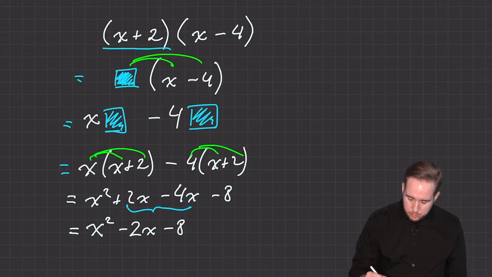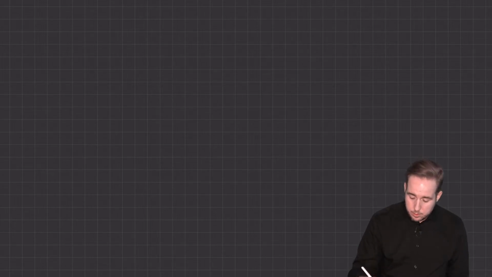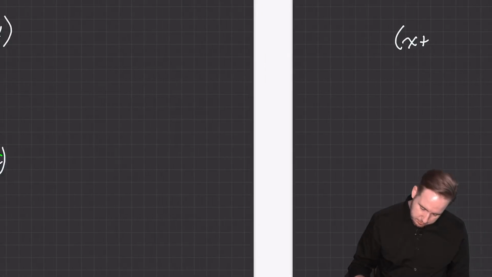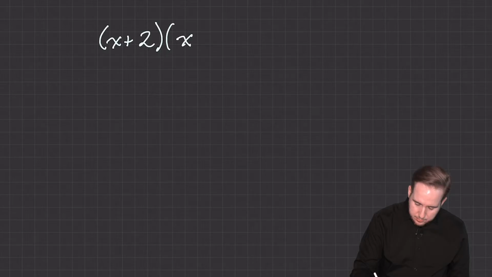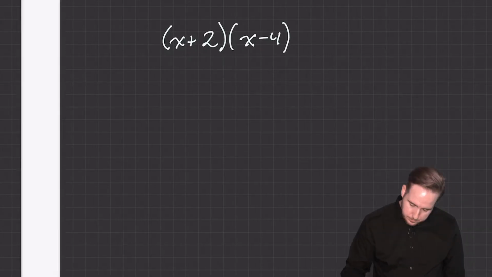Basically what I want to do is I want to get these 4 multiplications right away. So let me take, this is now the real version that everybody uses. (x plus 2)(x minus 4). Okay? And here is how it works.